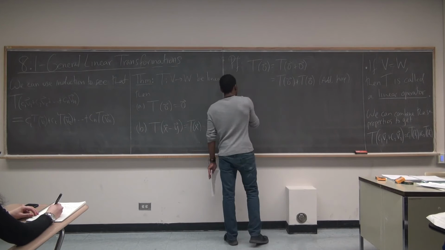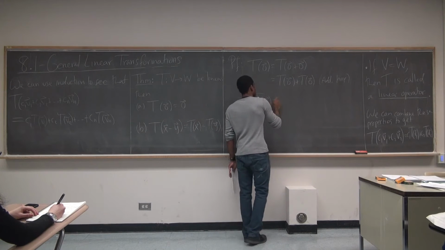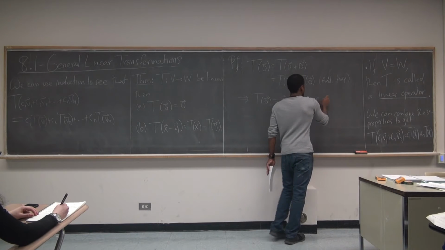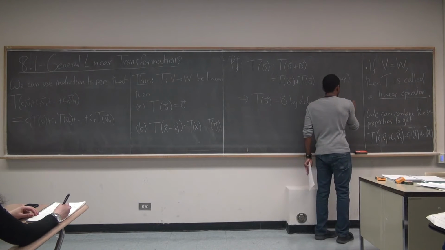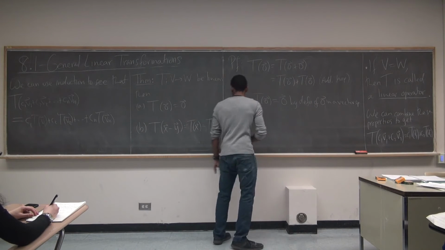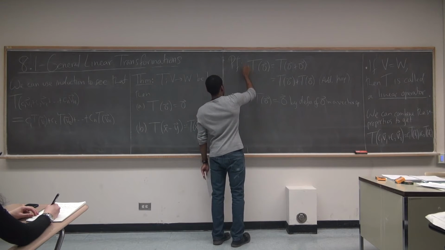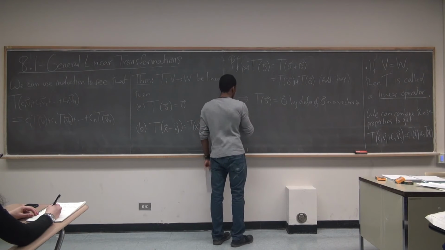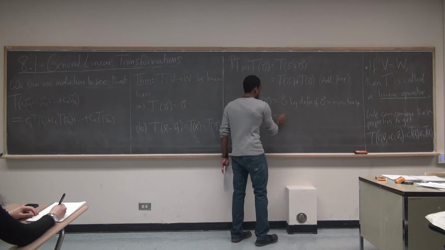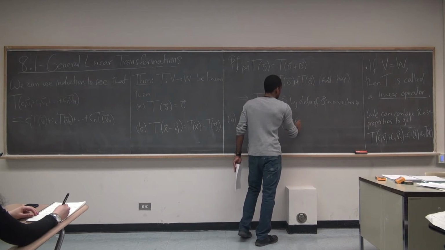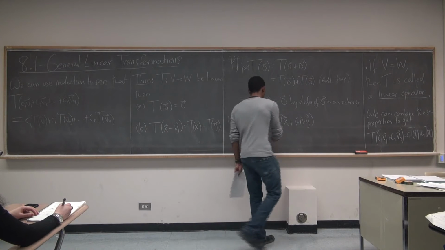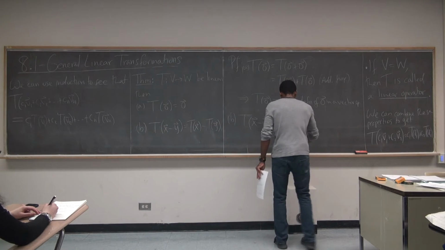And so this means T of 0 equals 0 by definition of 0 in a vector space, because it's the guy that when you add to someone, you get himself. That's proof of (a). Proof of (b): T of x minus y is equal to T of x plus minus 1 times y. We proved that these were the same for vector spaces. Now we can use the additive property.